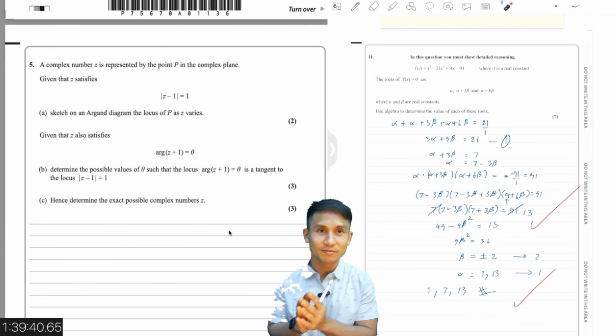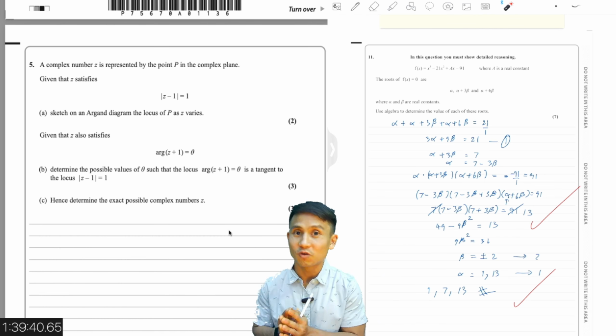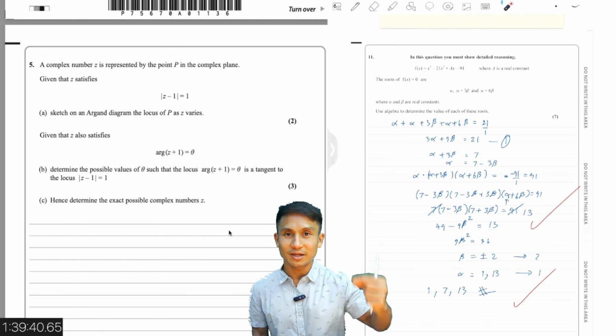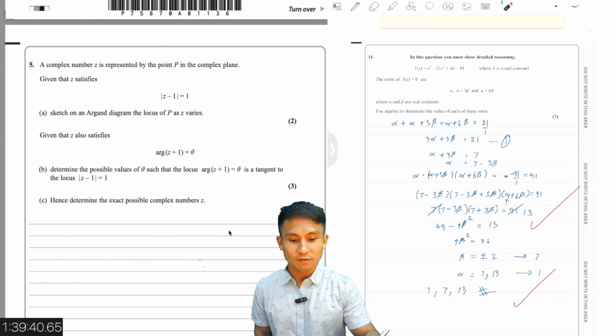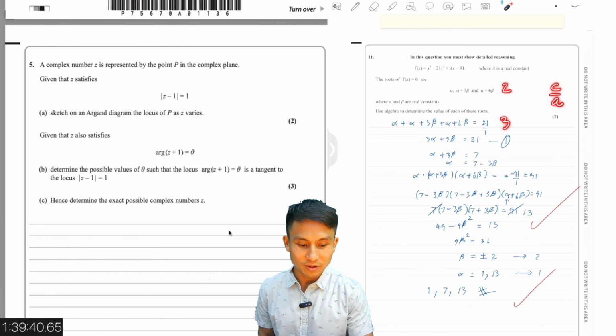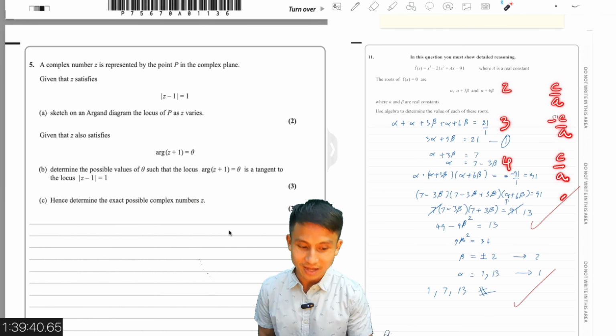The minus b over a stays the same, but the c over a will alternate in sign. For the second order, it's still c over a, but for the third order, or the cubic function, it's minus c over a. For the fourth order, it's back to c over a, and so on.